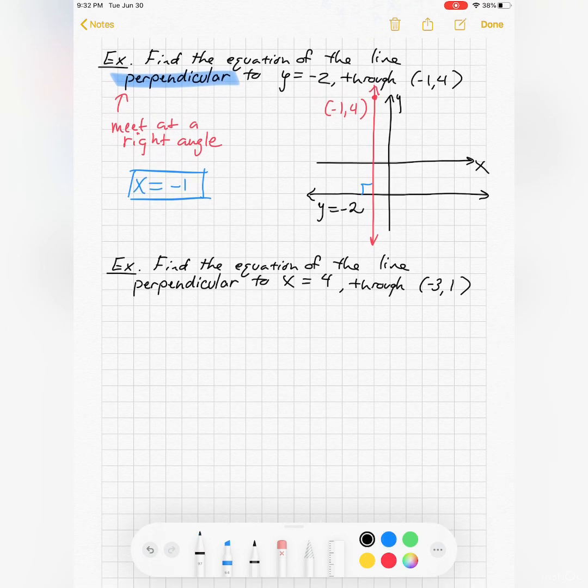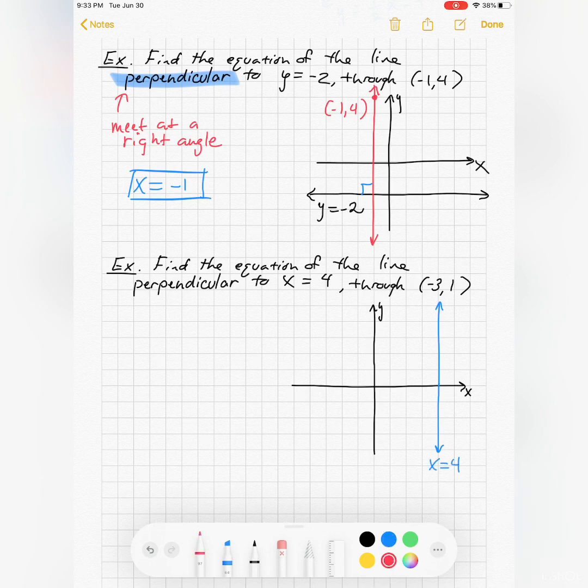What about this? This is going to be the opposite, I think. Here's x equals 4. That's a vertical line.